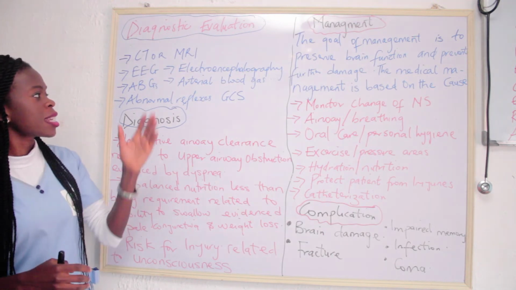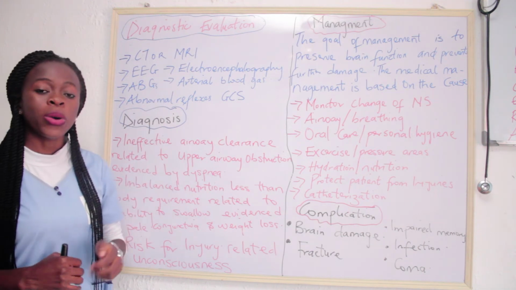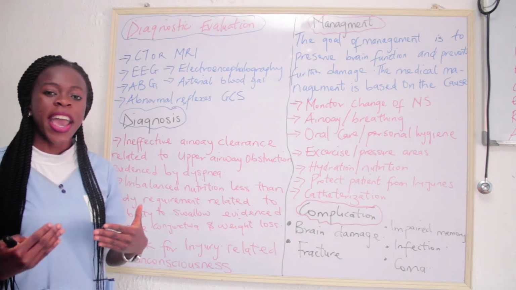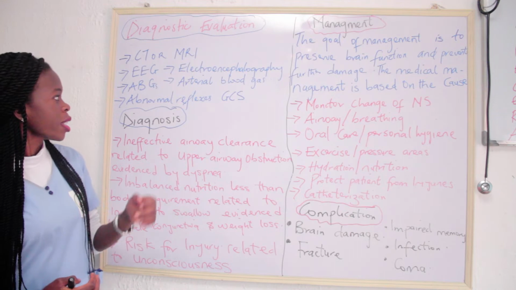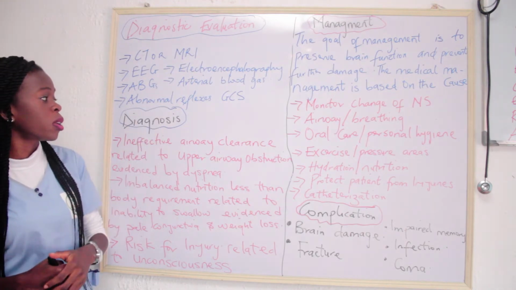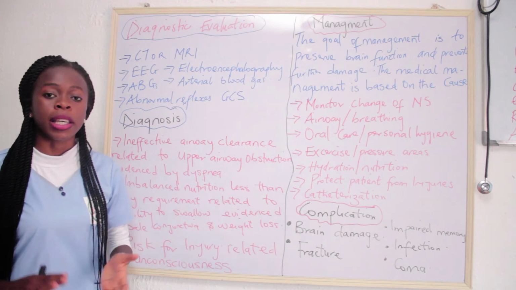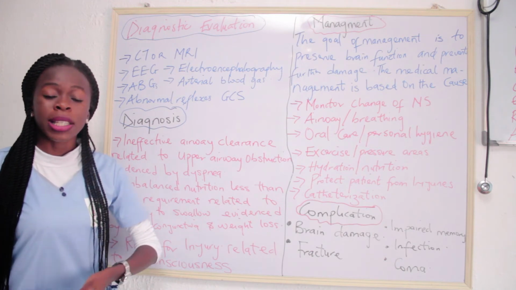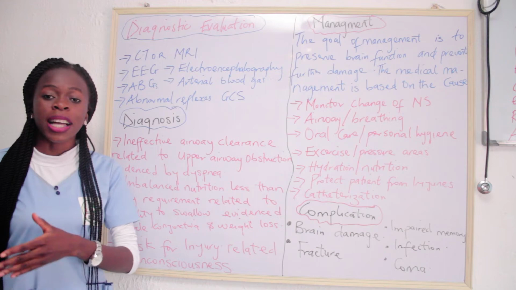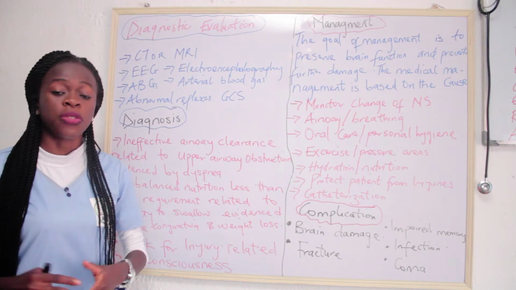Then the other one is EEG, also known as electroencephalography. Then we have the arterial blood gas level. Then we have abnormal reflexes using the Glasgow Coma Scale. A video on the Glasgow Coma Scale was prepared and is part of our YouTube videos. You can search for that.